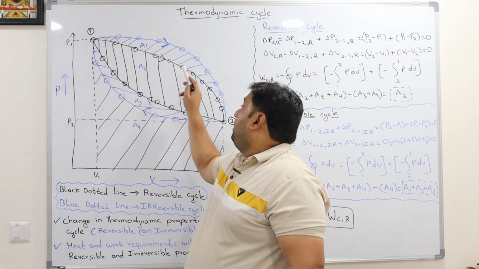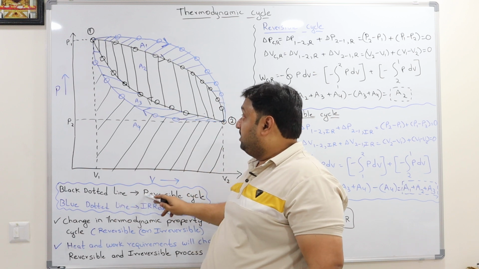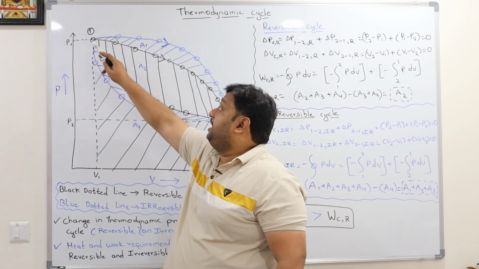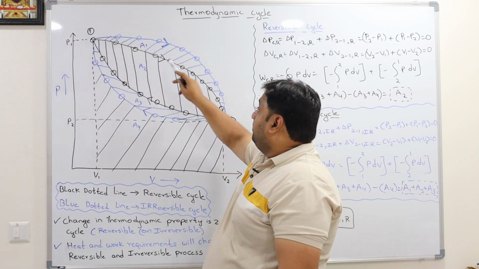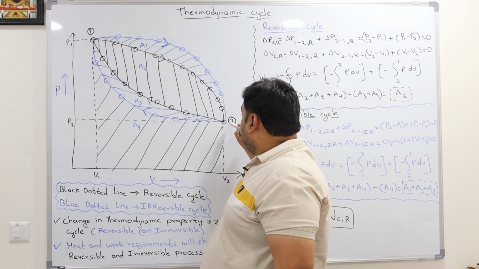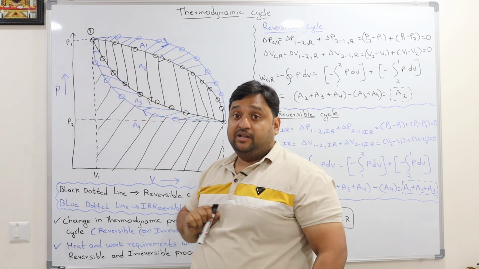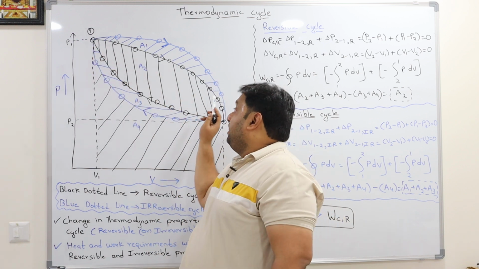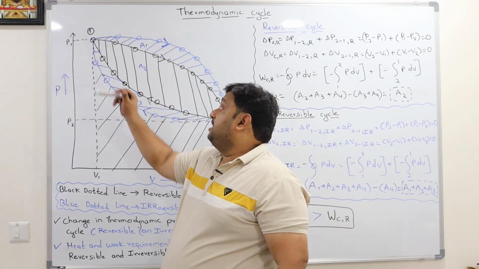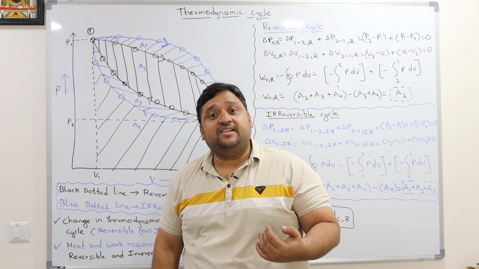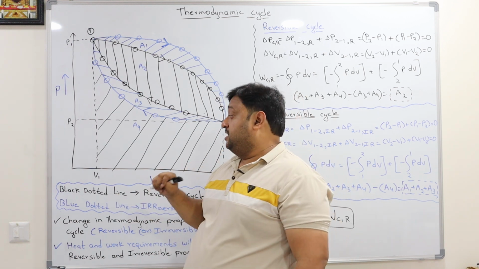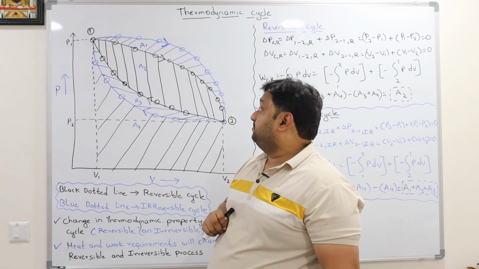The black dotted line, let us consider it as a reversible cycle, and the blue one, which is an irreversible cycle. That is the representation as given.